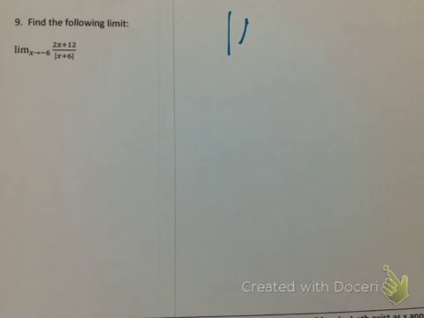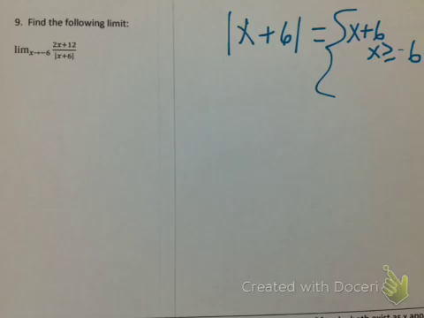The absolute value of x plus 6 is going to be itself, x plus 6, when x is greater than or equal to negative 6, and it's going to be negative x plus 6 when x is less than negative 6. So it's always going to be itself when x is greater than the number that makes it equal 0, and opposite when it's less than.